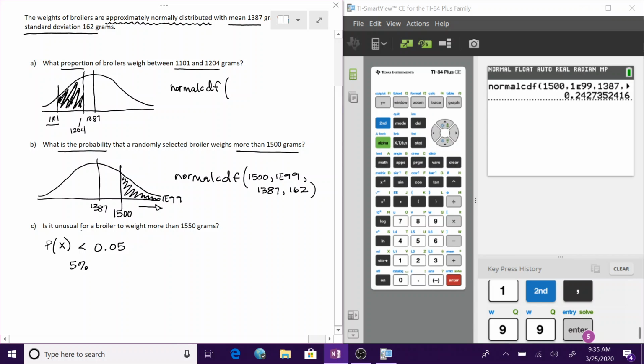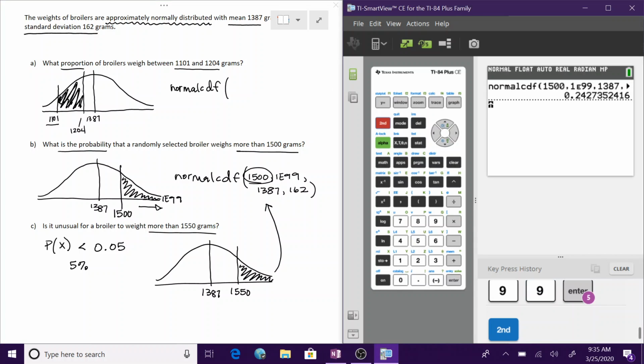So we want to look at this probability. So drawing it out again, we want our mean in the middle. 1550 is going to be over here again. And we're doing more than that, so we're again going to use a similar setup here.